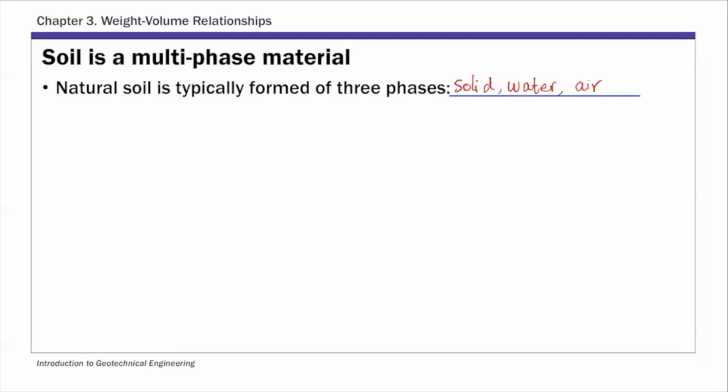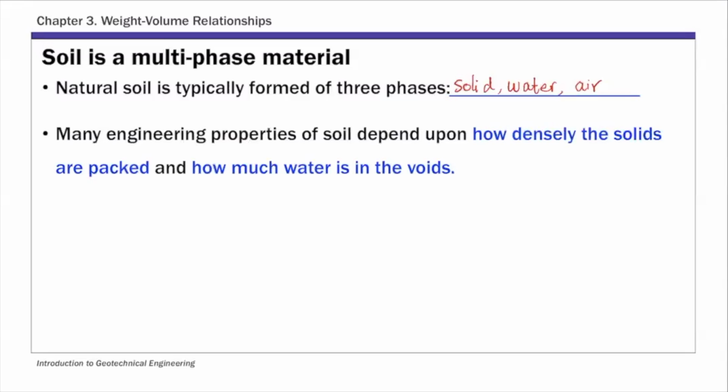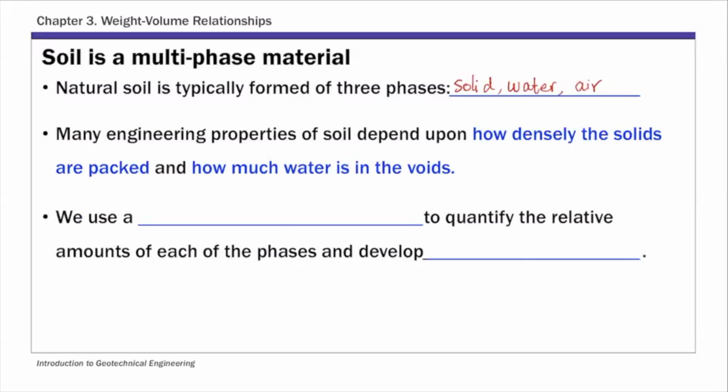Solids are typically the most important one. Solids dictate the engineering properties of soil, how strong it is, or how deformable it is. Many of the engineering properties of soil depend on how densely solids are packed and how much water is present in voids. To quantify this, we use what we call a phase diagram.